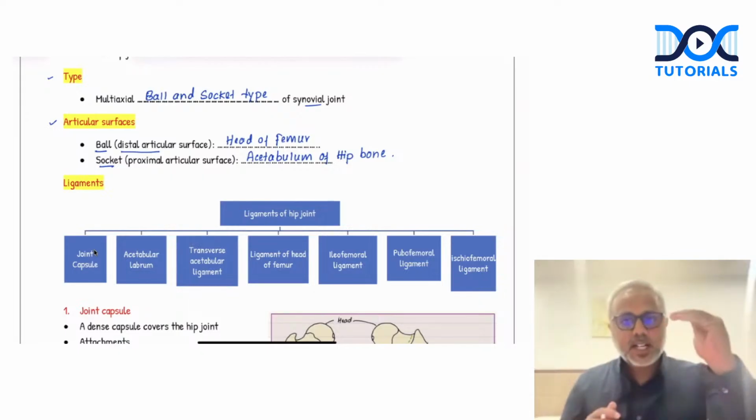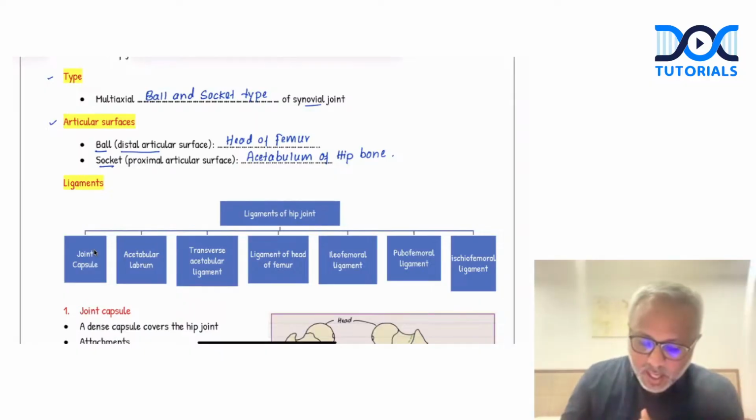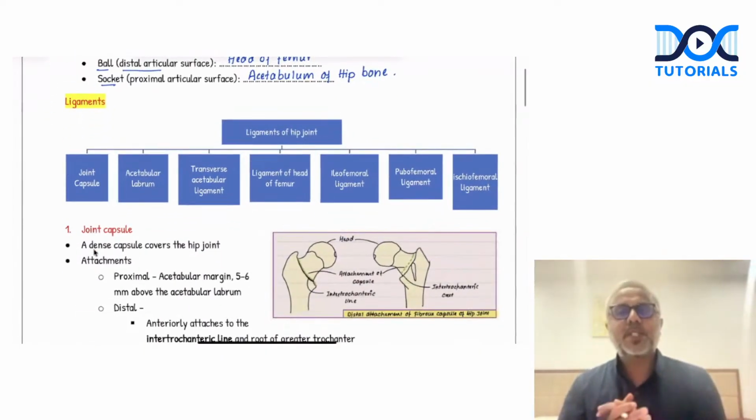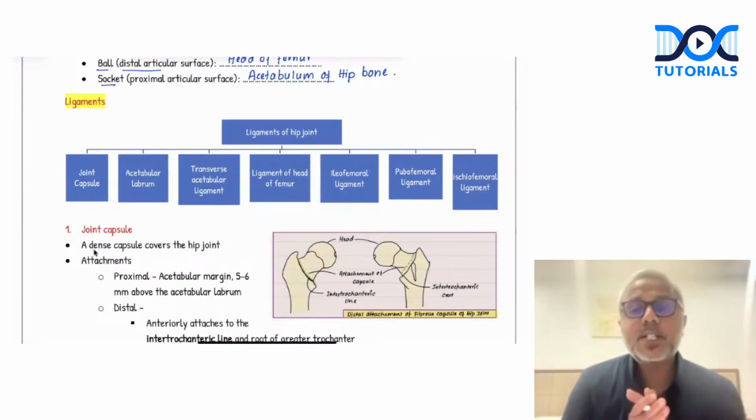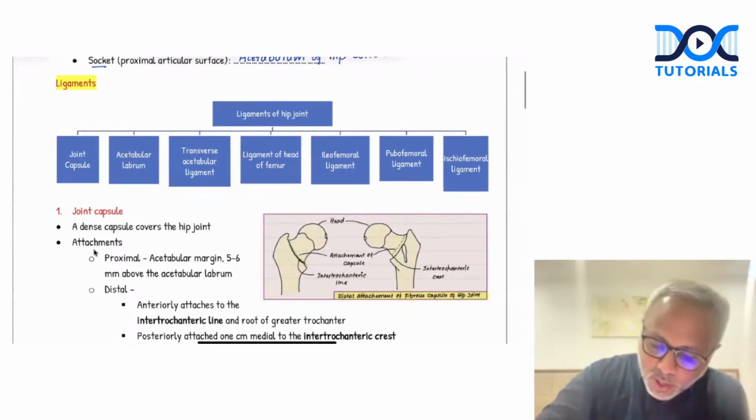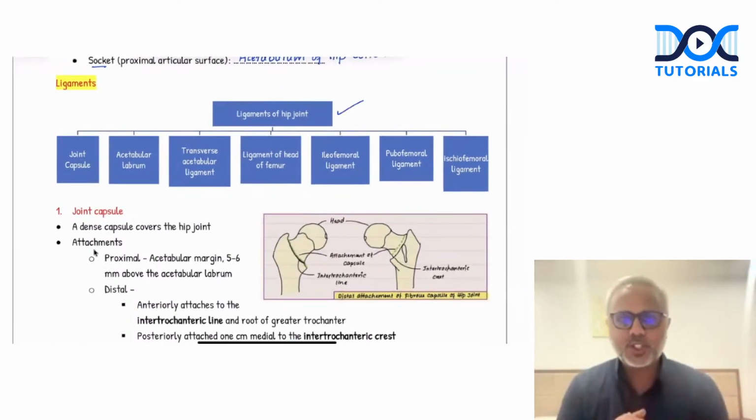Done: introduction, type, articulating surfaces. Now, the next important question is with respect to ligaments. This is where most of the students will falter. So how do we present the answer for ligaments? The first thing is to list all the ligaments pertaining to the joint.